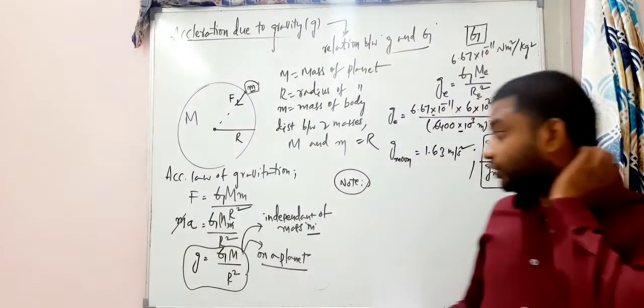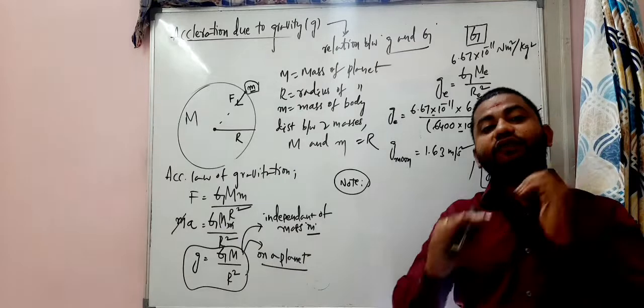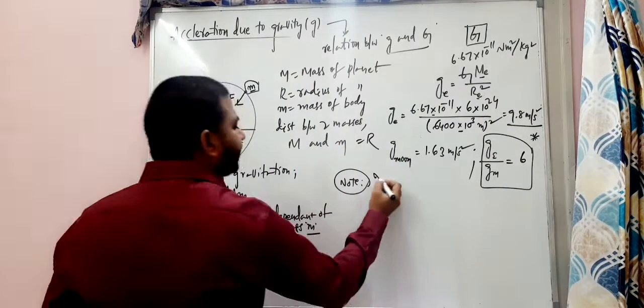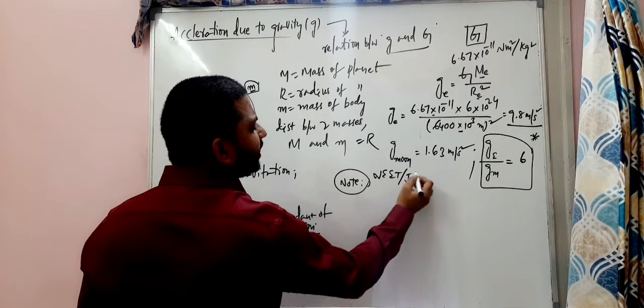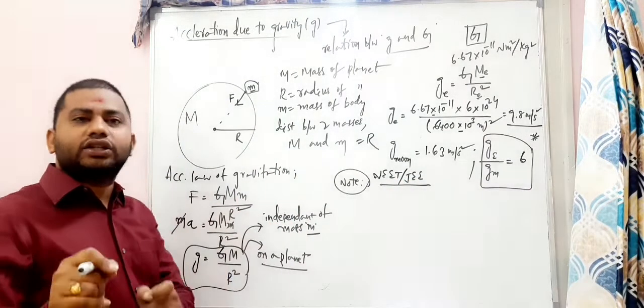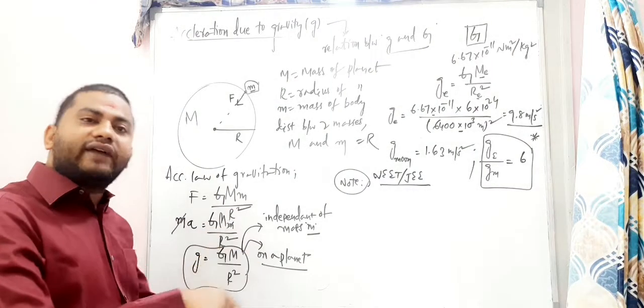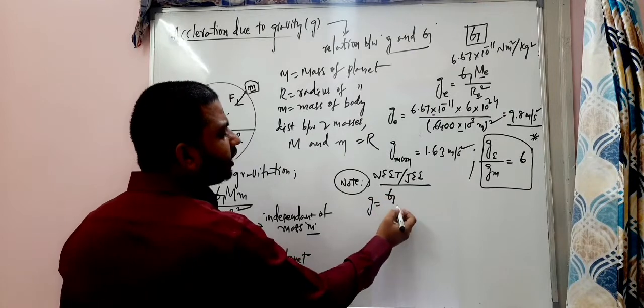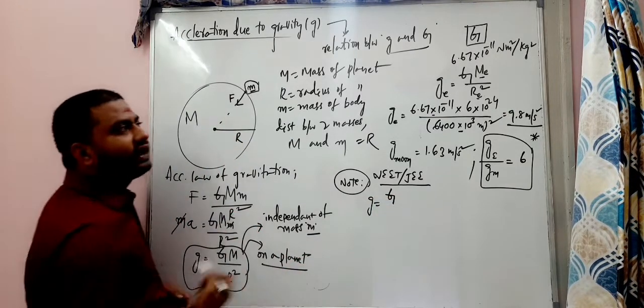Sometimes the acceleration due to gravity can be asked in terms of densities. In one of the years, in the NEET exam as well as the JEE exam, this question was asked: what is the correct relation between acceleration due to gravity and density of a planet? So g is equal to G, and this mass I can write in terms of density.